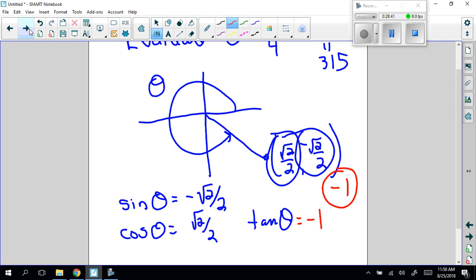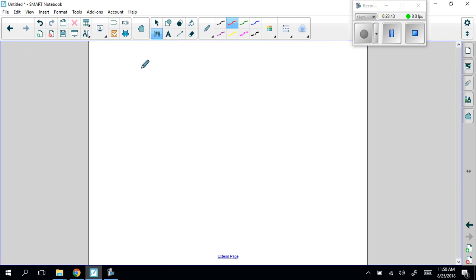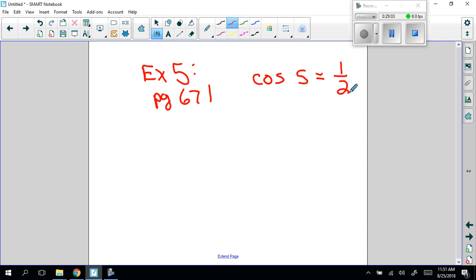But I do see, and I hate that they use it, example 5 on page 671. And they use cosine of S. Who uses S for an angle? Cosine S equals 1/2. Now, that's a unit circle number.